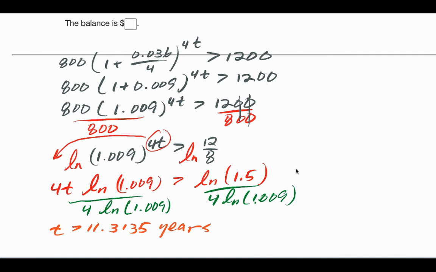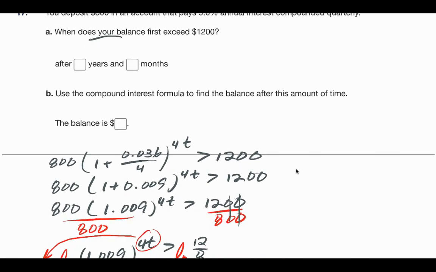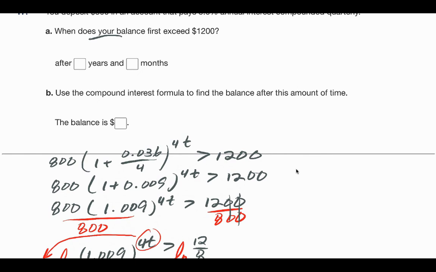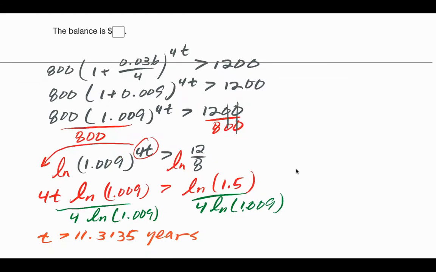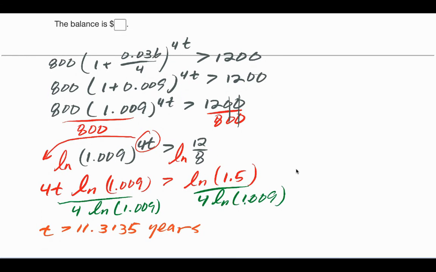Okay, so now let's go up here and we're going to put 11 here. That is our years, but for our months, we're going to take this part right here, the 0.3135, because that's still in years. But if I multiply that by 12, that'll give me our months.